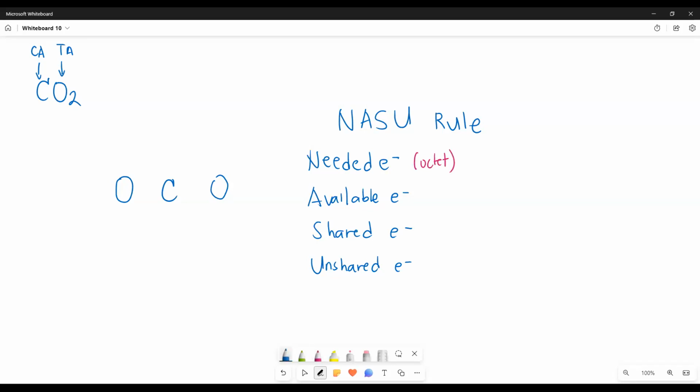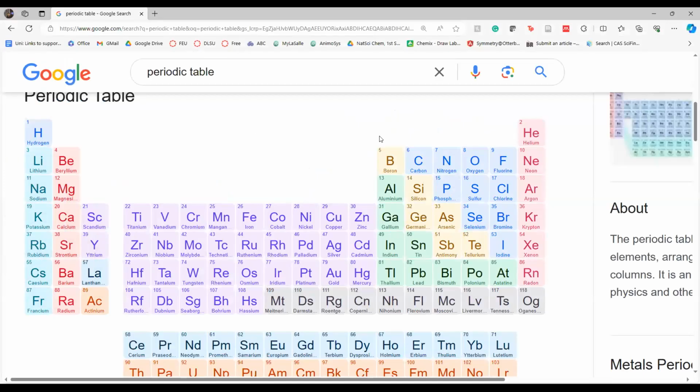So let's break it down. For carbon, does it need an octet? Yes, because it is in the p block of the periodic table. If you are wondering what the p block is, let me just remind you again that this is the s block, the p block, the d block, and the f block.